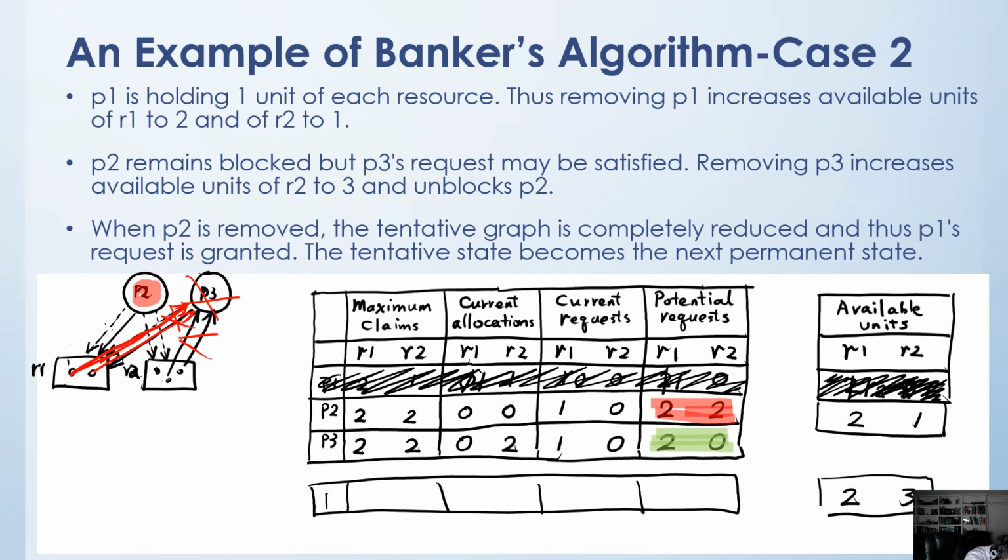Now for P3, we have a maximum claim of 2 and 2. The current allocation is 0, 2, 1, 0, and 2, 0. Now we have enough resources for the potential request for P3. So P3 can finish. Okay.